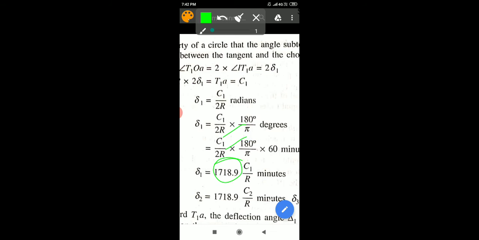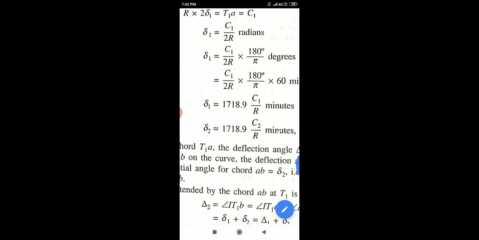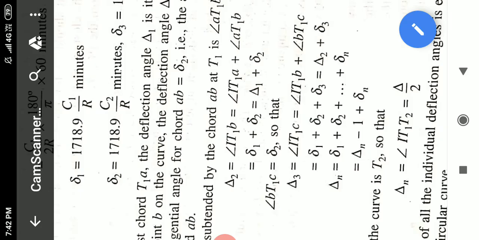This delta 1, I want it in minutes, so I converted it to minutes. Next, delta 2 has the same value; the only change is that instead of C1 you apply C2. Same for delta 3.